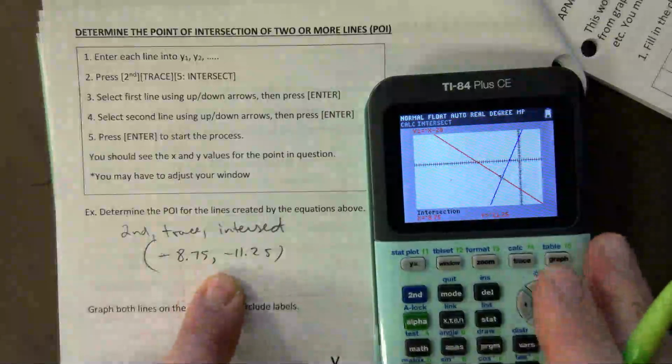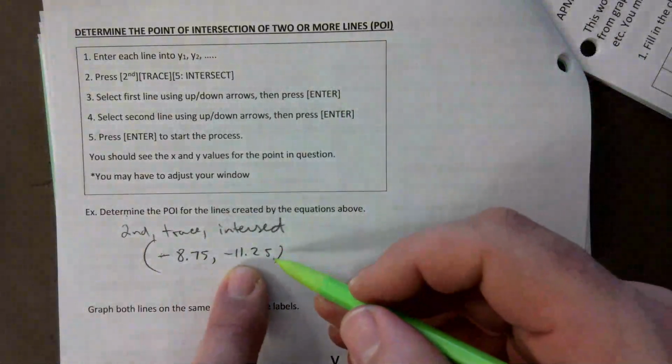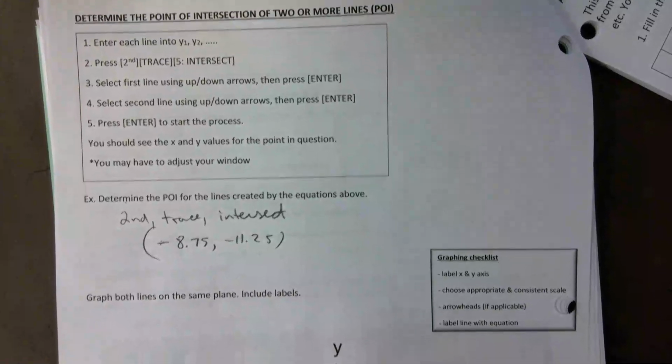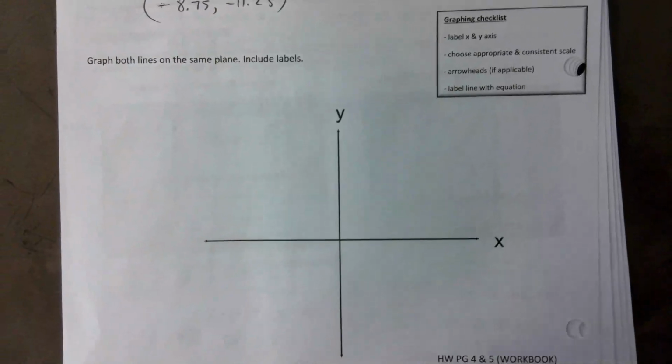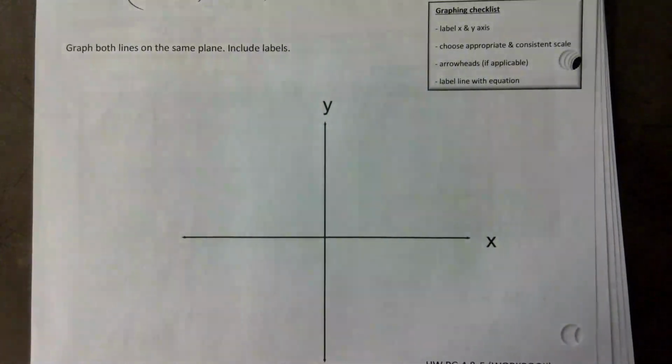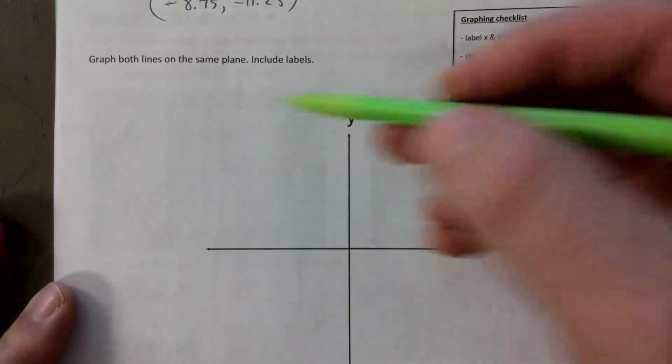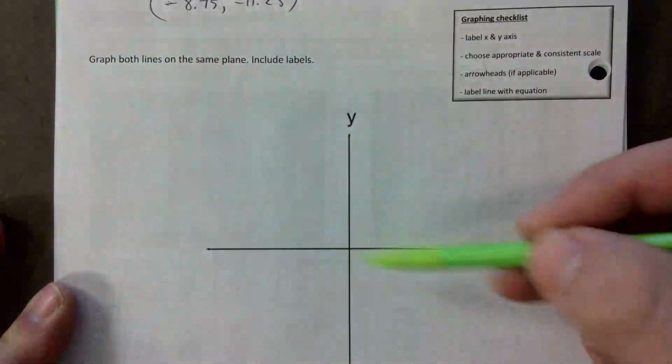That's the point of intersection between the two lines, which I will ask you to find quite often. Okay? Now let's graph this thing. Let's graph both of the lines on paper on the same grid. So here it is. Let's just see what we're graphing first and foremost. Normally I'll give you space to do the math and then graph it.